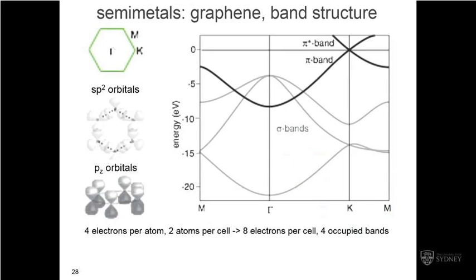So for this kind of system, you have 4 electrons for each carbon atom, but what they do is they hybridize with each other and form so-called sp2 orbitals, so that it forms really strong and efficient bonds in the plane. And then there's 1 electron left out, and it forms a so-called pz orbital, which is perpendicular to the plane of your graphene.